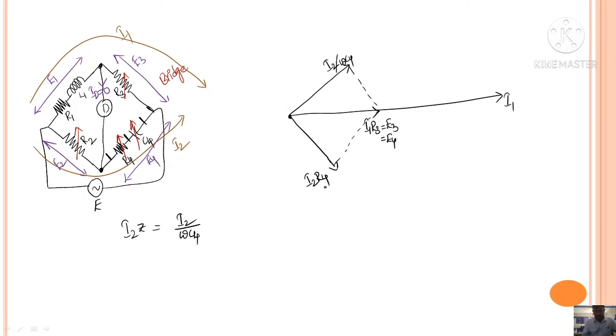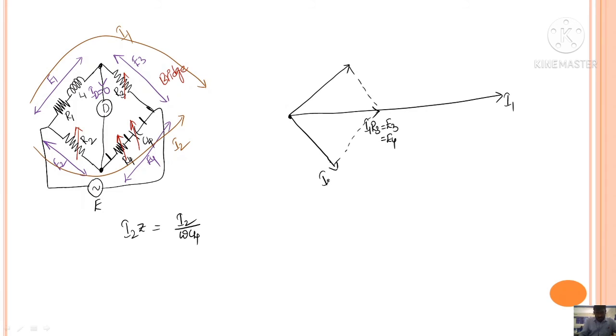Here this is I2 into I2 by omega C4, I think. This is the capacitive drop, right? Okay, the voltage across the capacitance must lag the current by 90 degrees. So, sorry, this is the capacitive drop. So here you will get the resistive drop. This is the mistake which I have done.